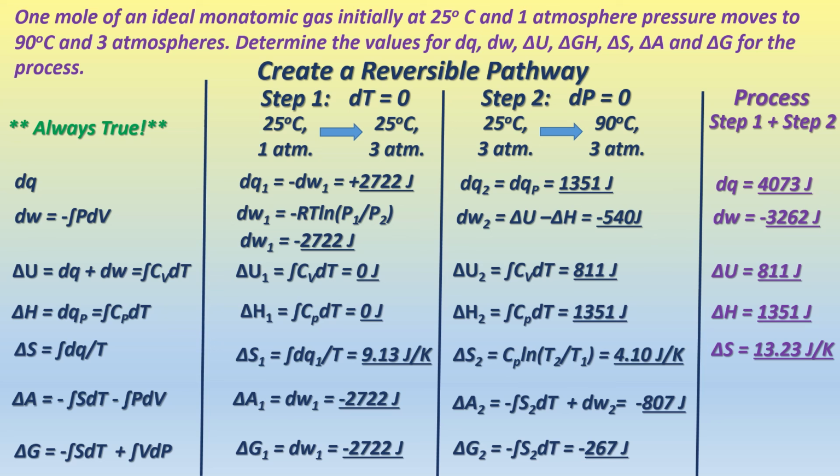Entropy, 9.1 plus 4.1, 13.23 joules per degree Kelvin. Helmholtz energy, again, step 1, minus 2,722 joules. Step 2, minus 807 joules, is minus 3,529 joules. Gibbs energy, minus 2,722 minus 267, is minus 2,989 joules.